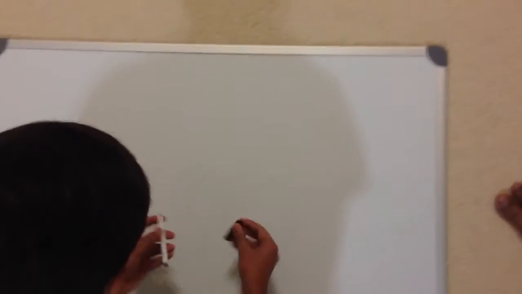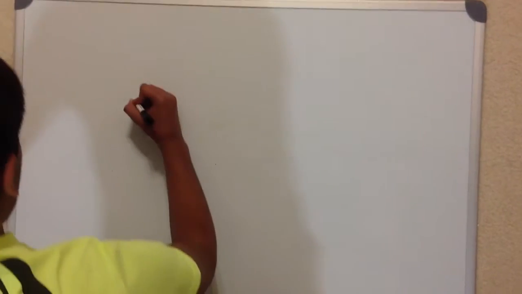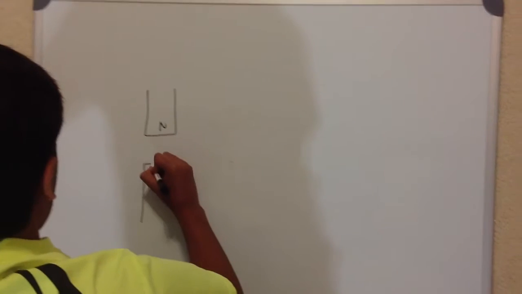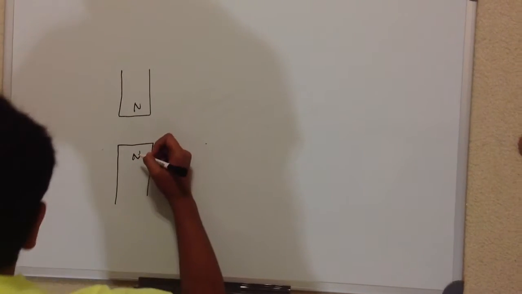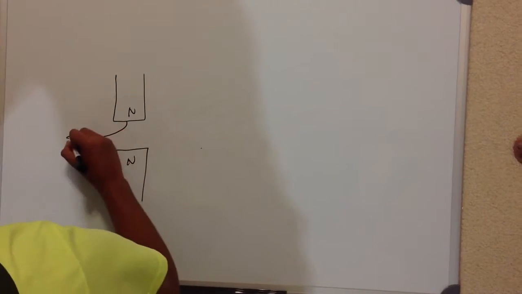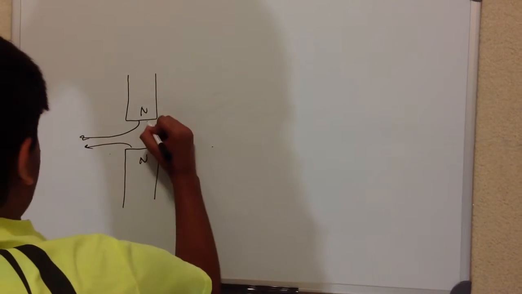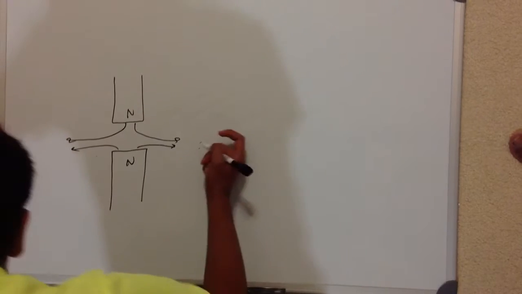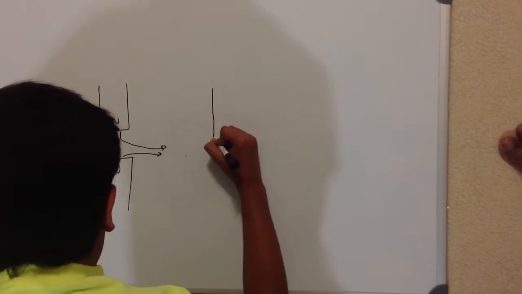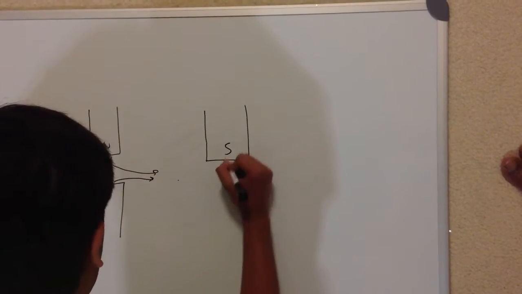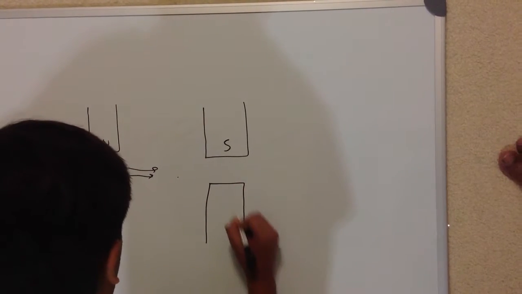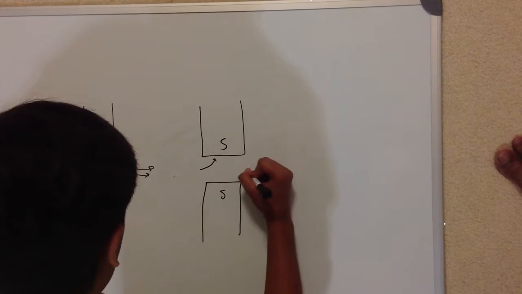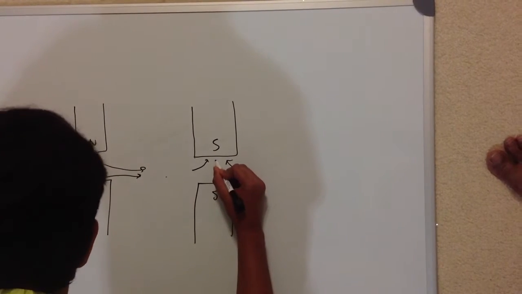So if there's a north facing a north, the magnetic fields will repel each other, like so. If there's a south facing the south, the magnetic fields will act like this.